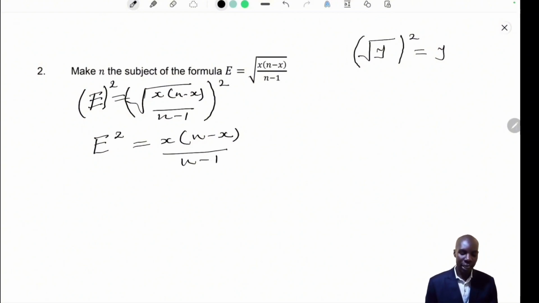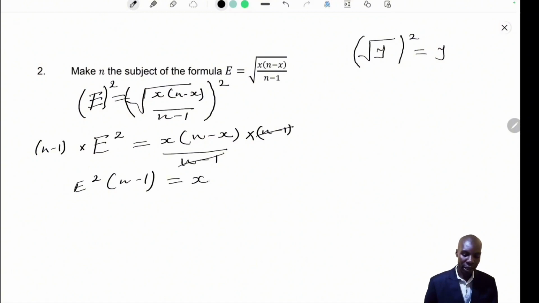Then the next thing that I can do here is to cross multiply both sides by the denominator. So I'll multiply by n minus 1. So this one will cancel out. Then I'll be left with e squared in bracket n minus 1 equals x in bracket n minus x.